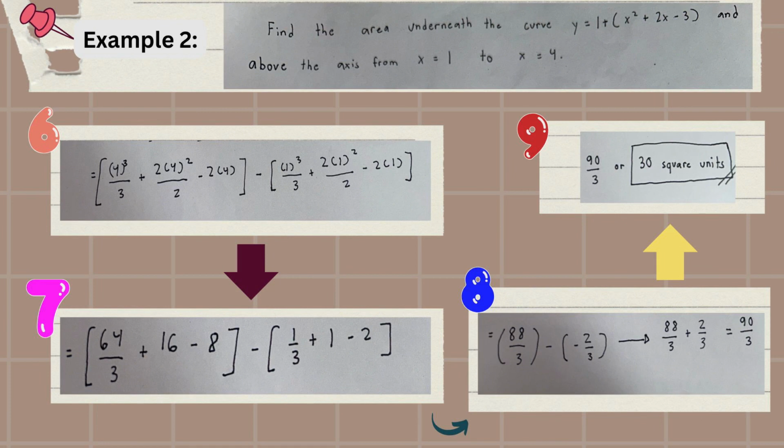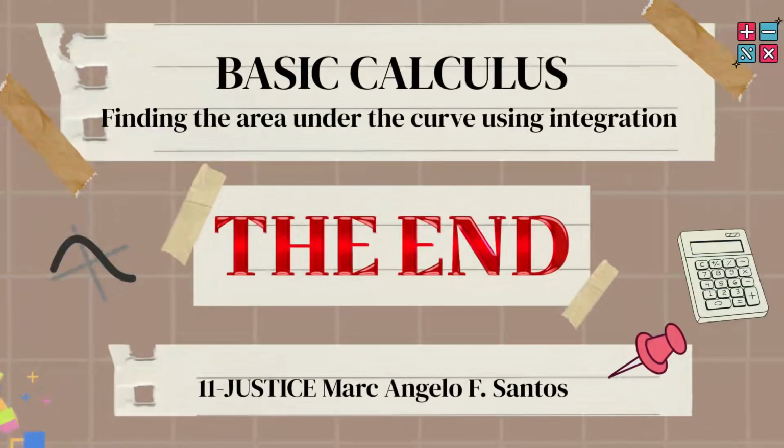The first equation will become 88 over 3, then minus the second equation, which is negative 2 over 3. Now this can be written as 88 over 3 plus 2 over 3, which becomes 90 over 3. Now we divide that in the ninth step, and the final answer will become 30 square units.